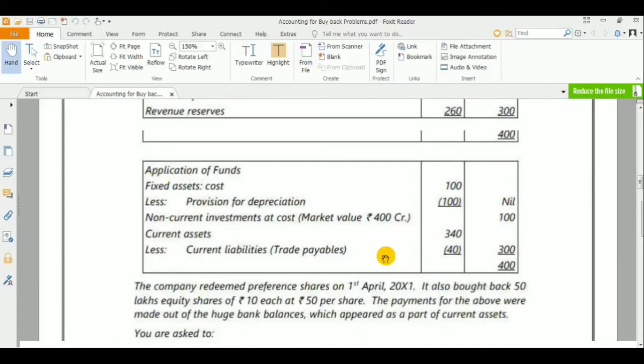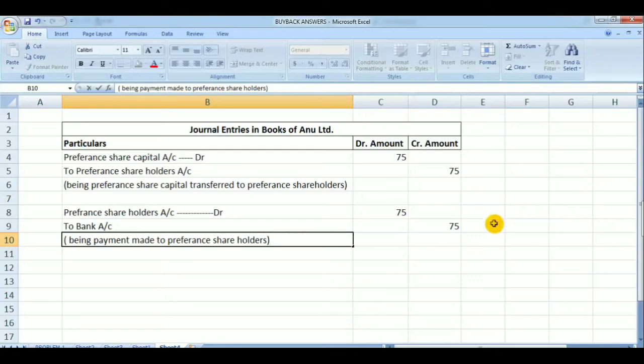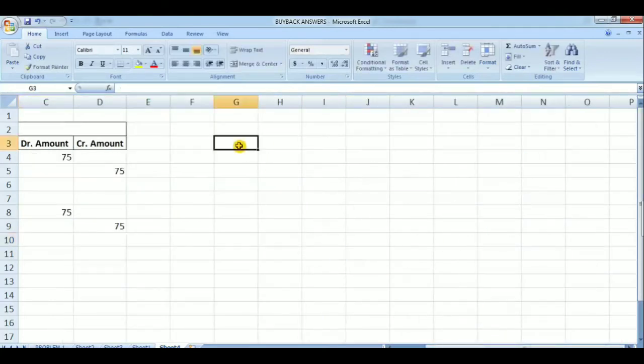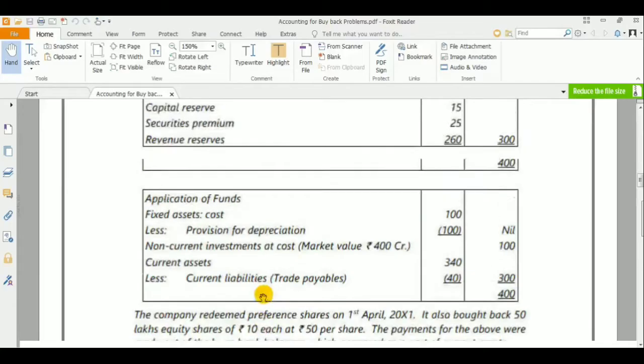The next entry is for buying back 50 lakh equity shares of rupees 10 each at 50 per share. When we do that calculation, first let us find out how many shares we actually have.